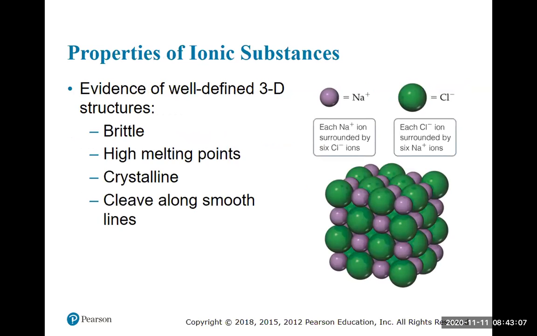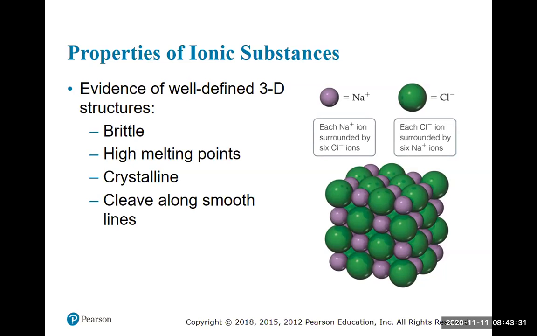Some of the properties of ionic substances are that they tend to have pretty well-defined 3D structures. There are techniques out there that you can use to look at the 3D structures of materials, and if you look at these ionic substances, they tend to be pretty well-defined.